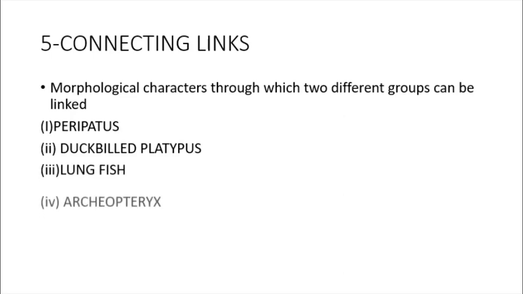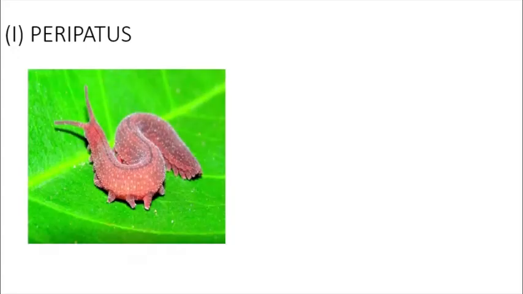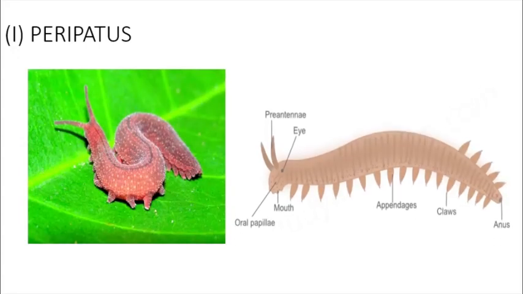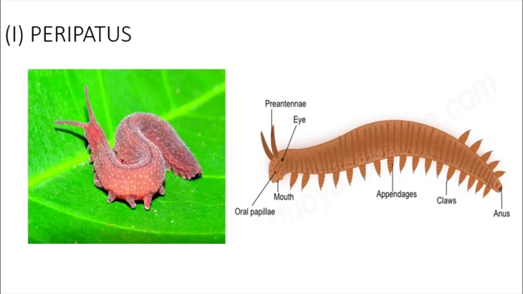Let us look at the first example of a connecting link, that is peripatus. If you look at the picture of peripatus, you can find characters like a segmented body, thin cuticle and parapodia-like organs which are used for locomotion. Similarly, these animals show tracheal respiration and an open circulatory system, which is similar to arthropods.